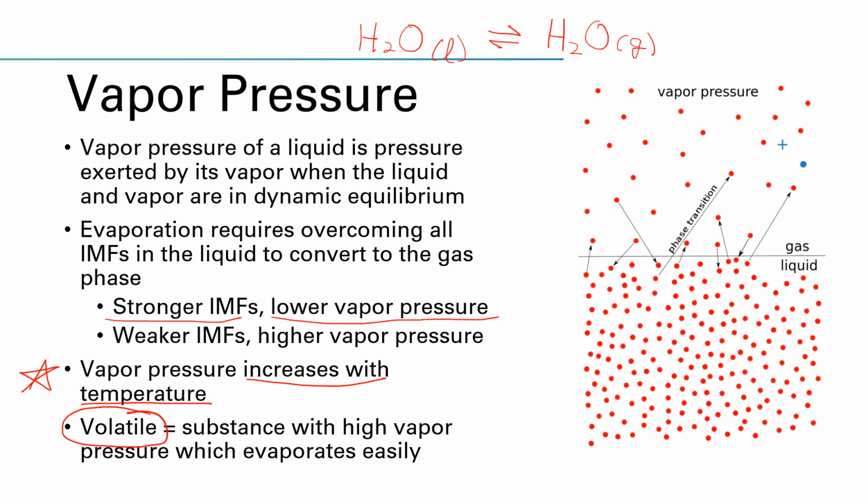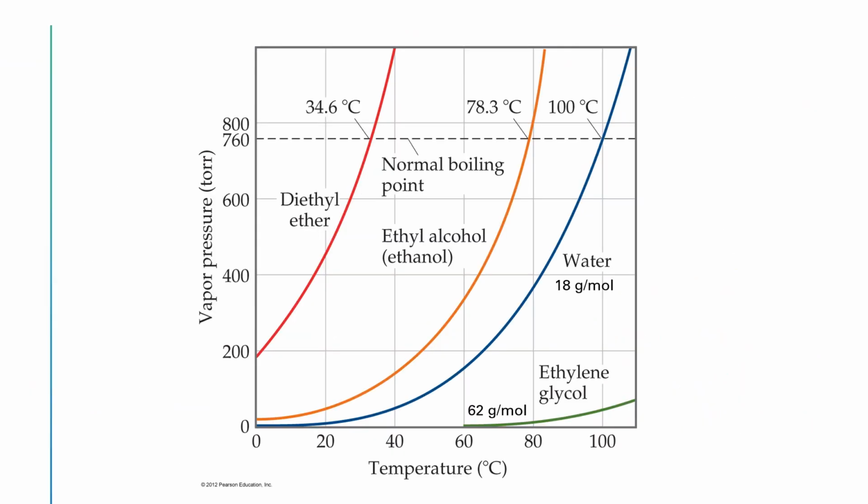All right, let's take a look at the next slide. This chart is a set of vapor pressure curves. It's showing on the vertical axis what the vapor pressure of a substance is, and on the horizontal axis what the temperature is. So you can see clearly here that as the temperature increases, we move to the right on the graph, the vapor pressure of a substance increases as well.